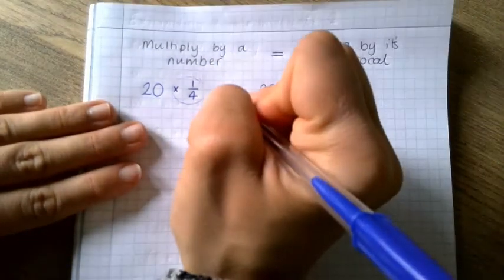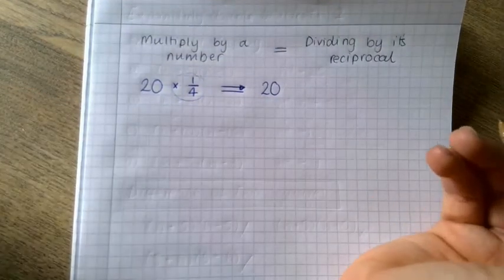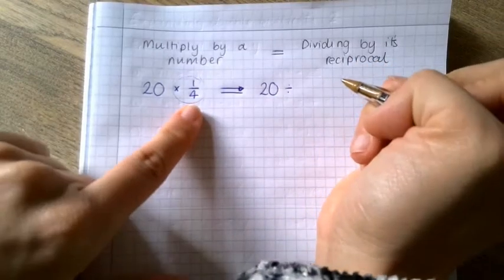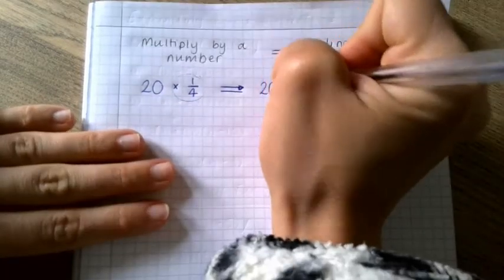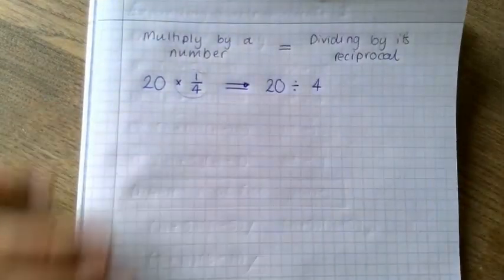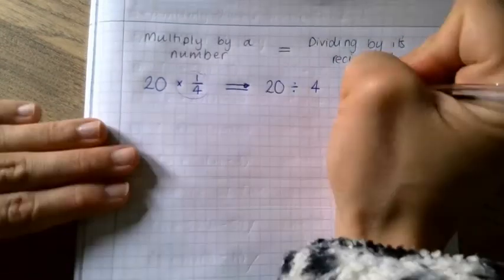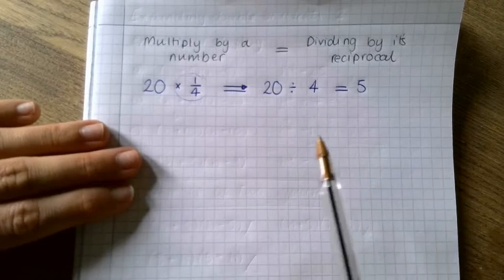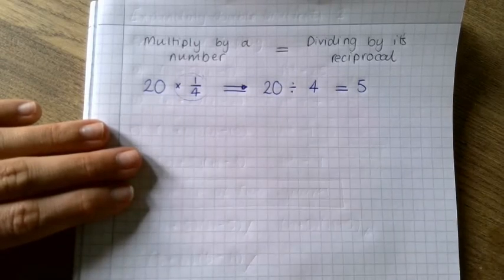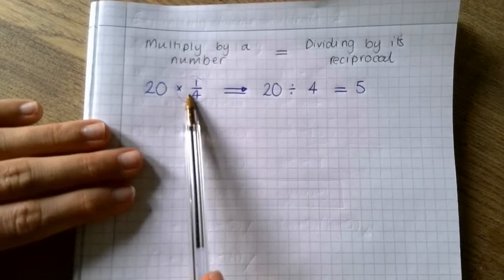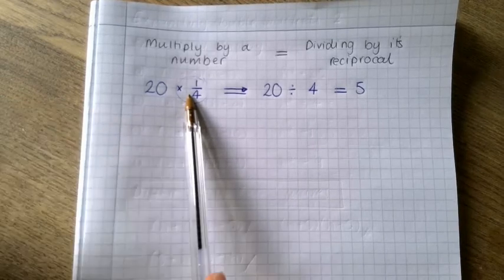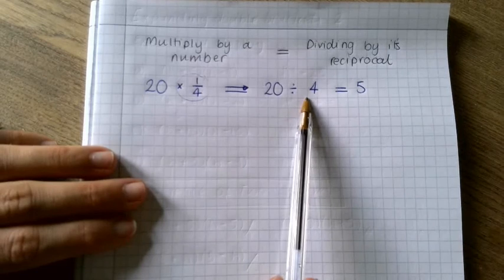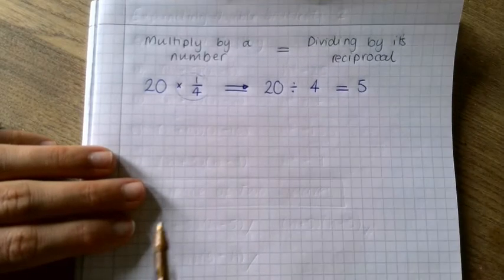I'm going to use an equal sign because these two calculations are equal. I can do 20 divided by the reciprocal of a quarter, which is 4. And then 20 divided by 4 is nice and quick for us to do, is 5. So this is where reciprocals come in useful. 20 multiplied by a quarter is exactly the same as 20 divided by the reciprocal, divided by 4. And that's equal to 5.